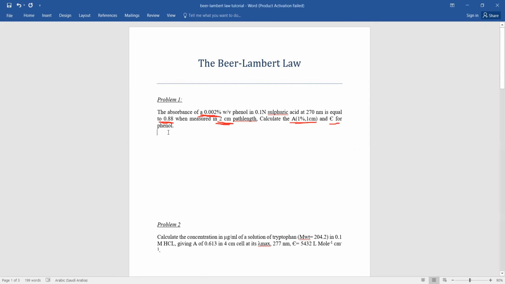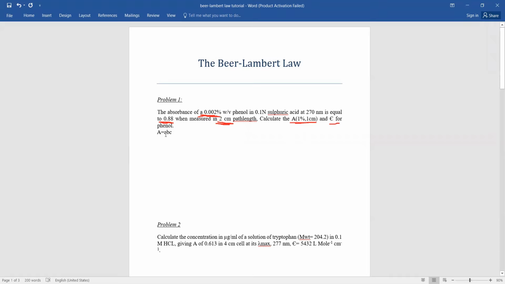First of all, we must write the rule. Okay, the rule for the Beers-Lambert law, which is A, the absorbance, equals ABC. Okay, absorptivity times the path length times the concentration. We have 2 options.